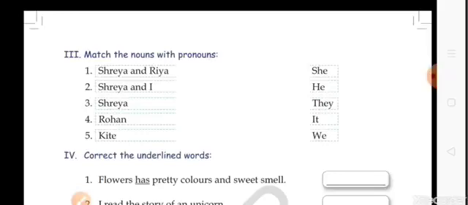Now, in front of these, she is a pronoun, he is a pronoun, they is a pronoun, it is a pronoun, we is a pronoun. So now we have to match the suitable pronouns with nouns.